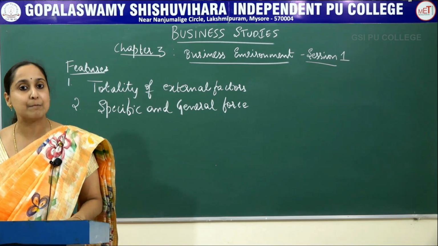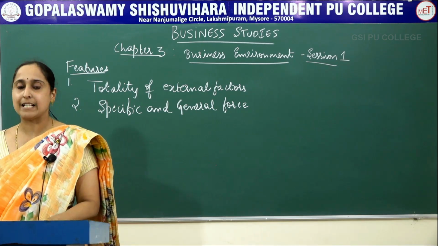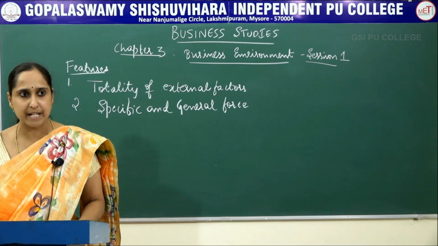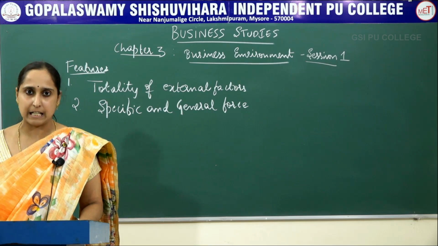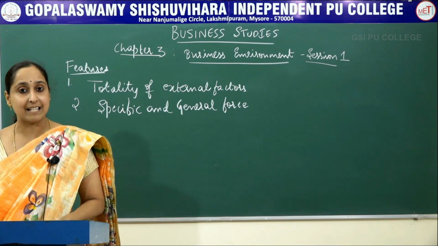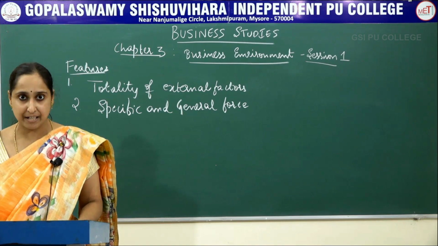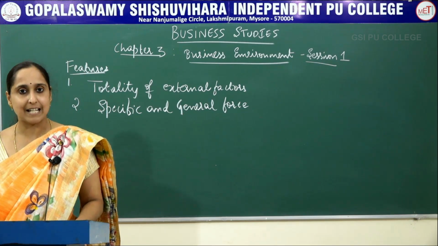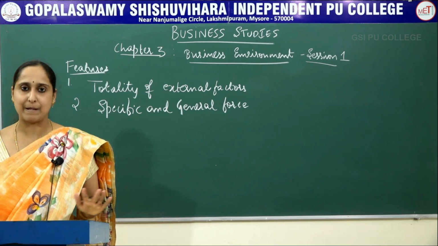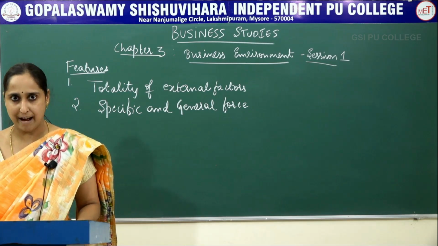Next is general force. General force means economic factors, legal, political, social, cultural. All these are external factors and general factors which affect the business indirectly. So this is specific factor and general factors.